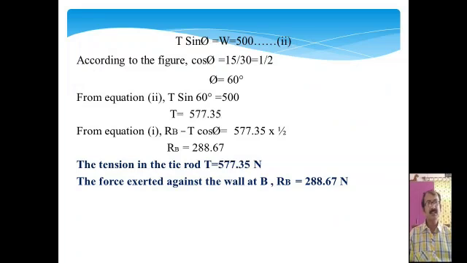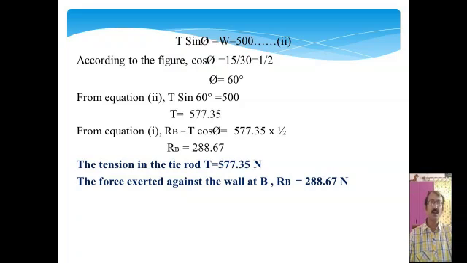So T sin phi equals W, and the value of W, the weight, is 500. According to the figure, cos phi equals 15 by 30, that is half, so the value of phi equals 60. From equation 2, T sin 60 equals 500, and T equals finally 577.35.